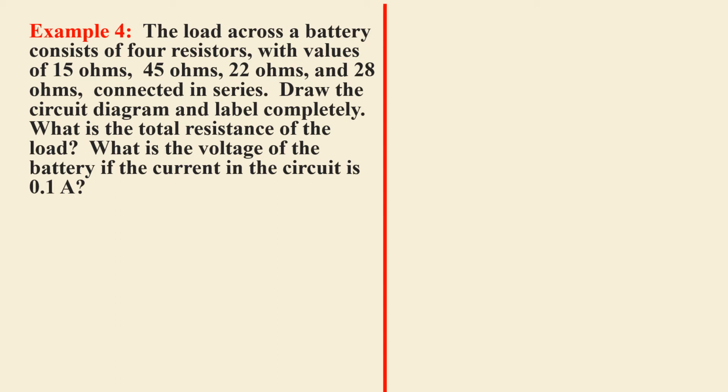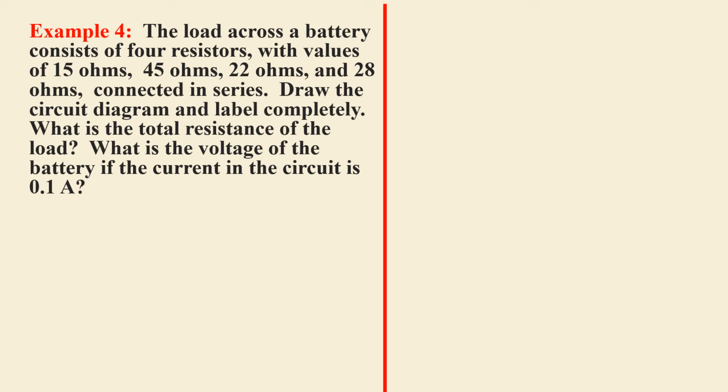Example number 4. The load across a battery consists of 4 resistors with values of 15 ohms, 45 ohms, 22 ohms, and 28 ohms connected in series. Draw the circuit diagram and label completely. What is the total resistance of the load?